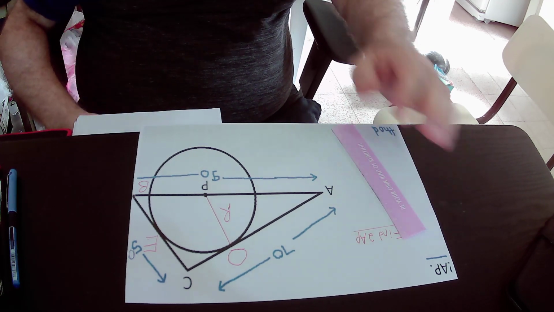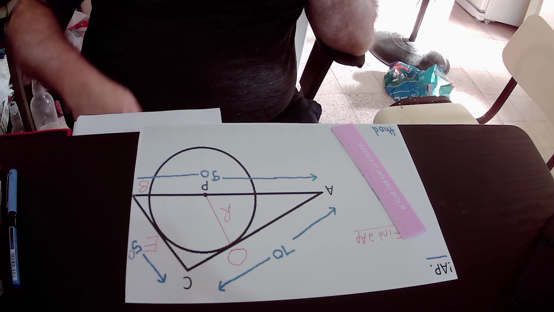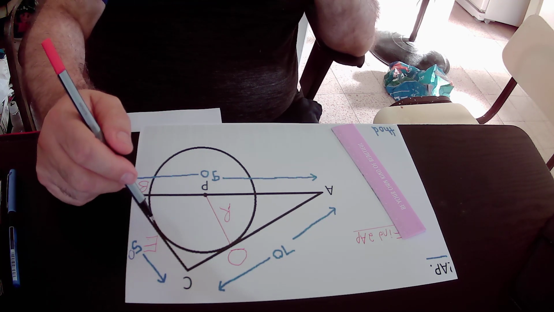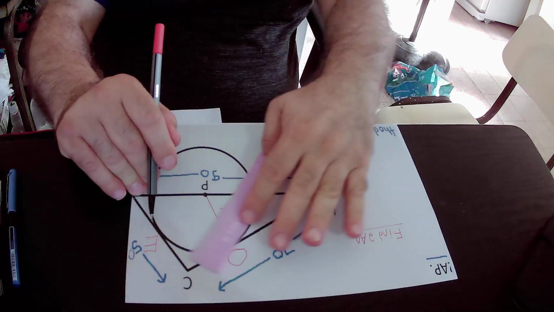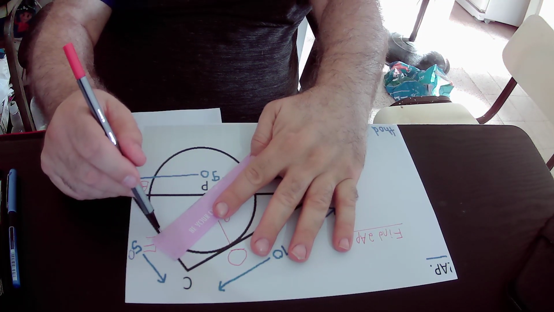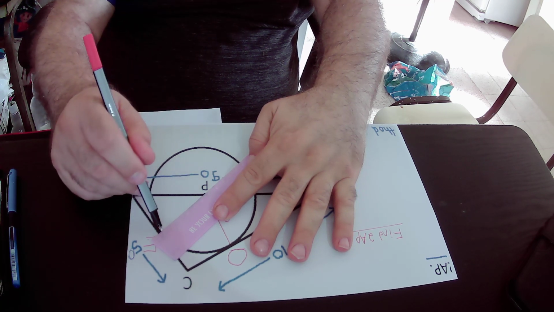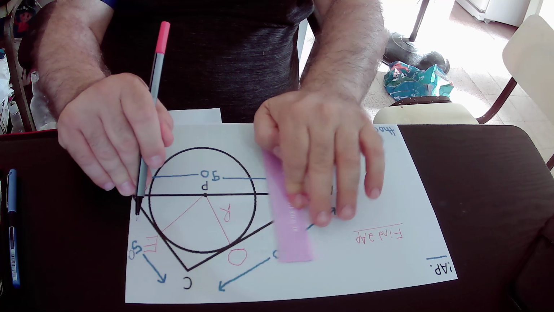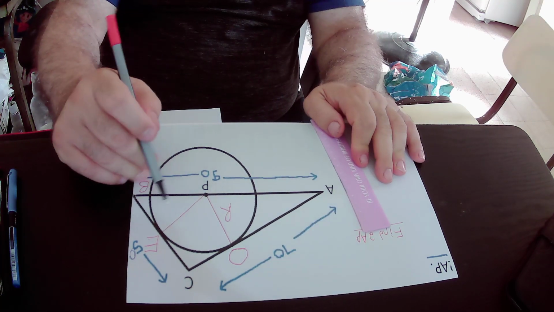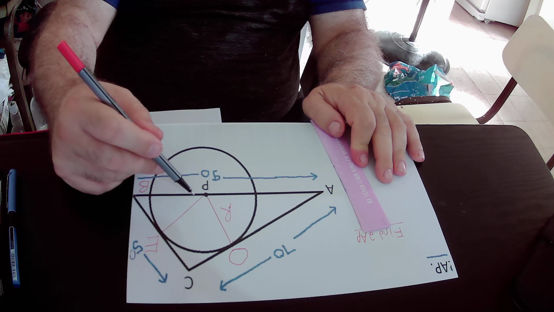And we will connect points P and E together by a straight line. And also PE is the radius of the circle.